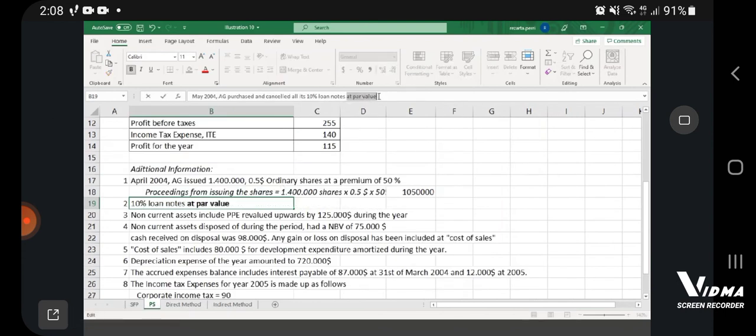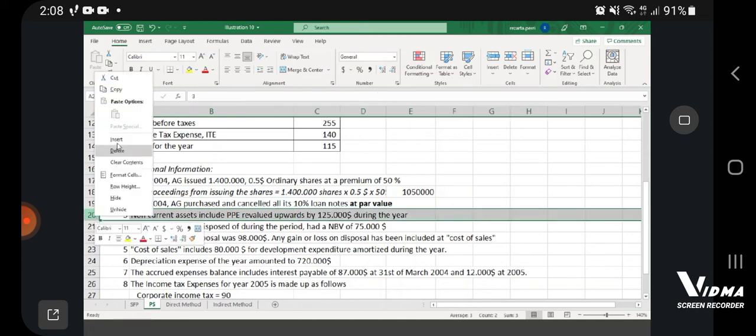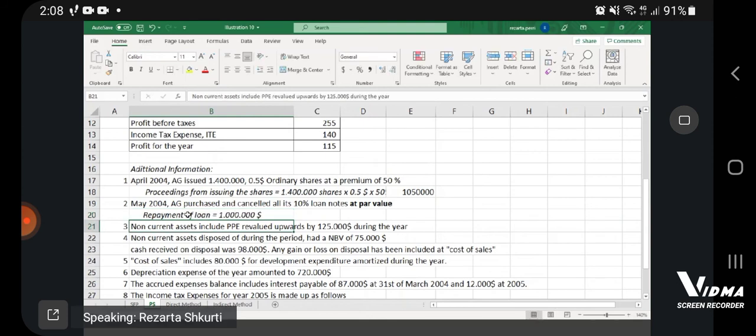That means I have repaid the same value that they have in the books of accounting. That means I can add an information over there. Repayment of loan, 10% loan, is equal with $1 million because all the amounts are in thousands.